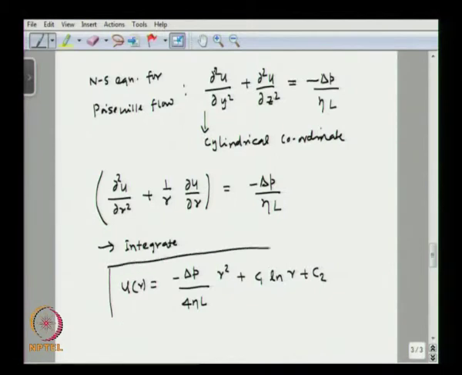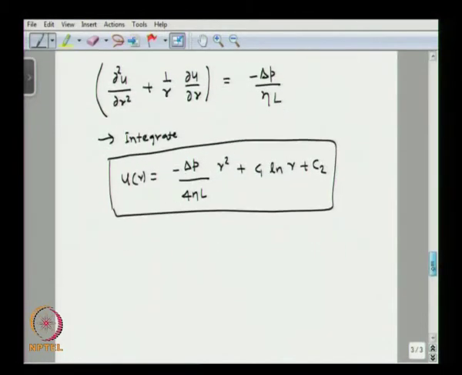So this is the equation that you get by integrating the above equation.